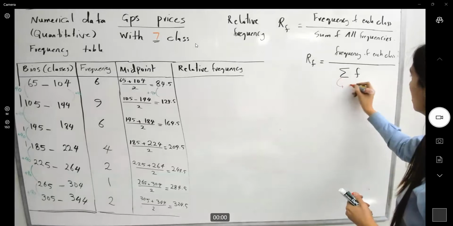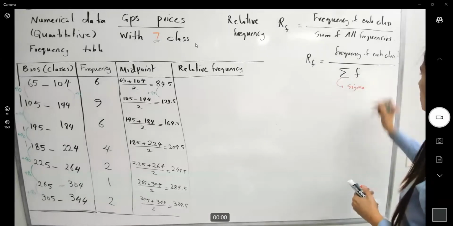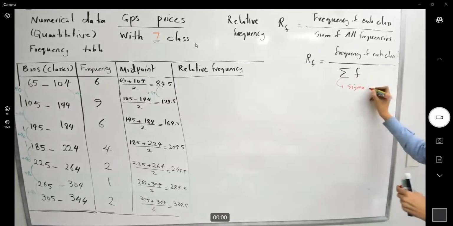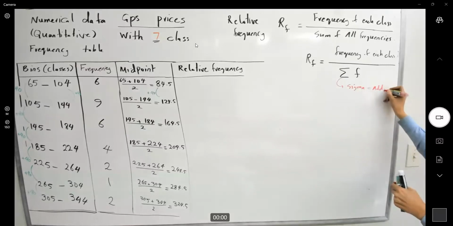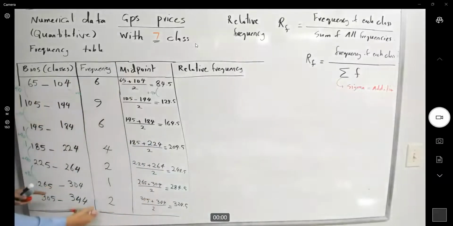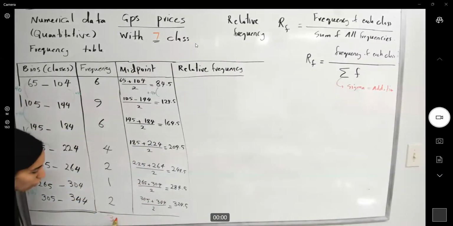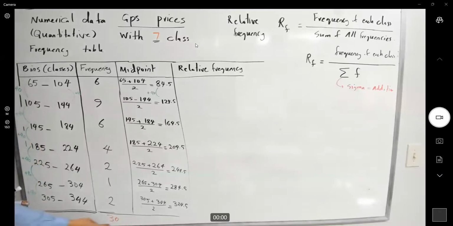So this is sigma. It means you have addition. Okay, the sum of all frequencies is going to be 30, which is equal to the number of data in your collection.